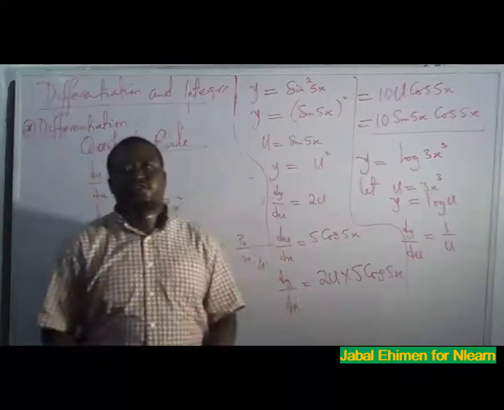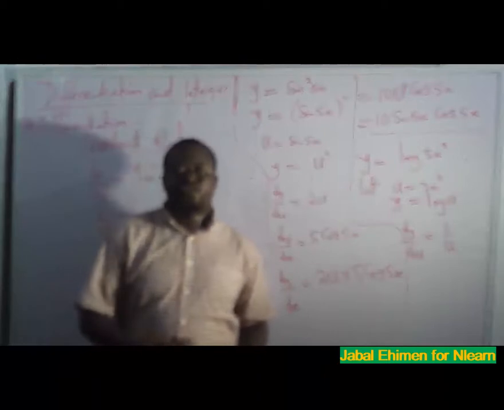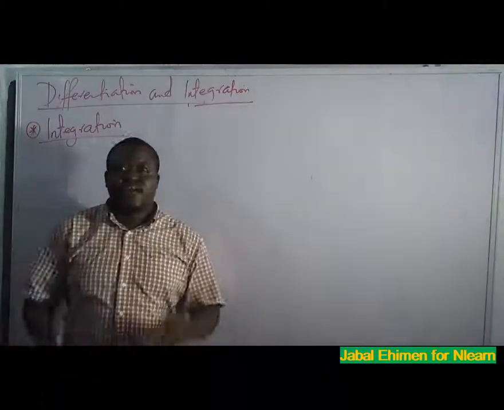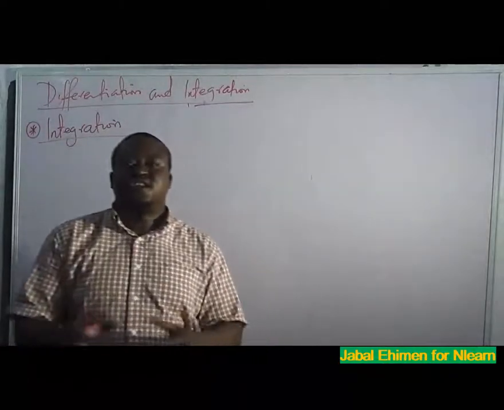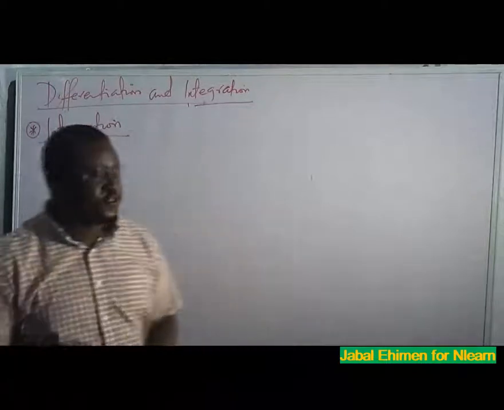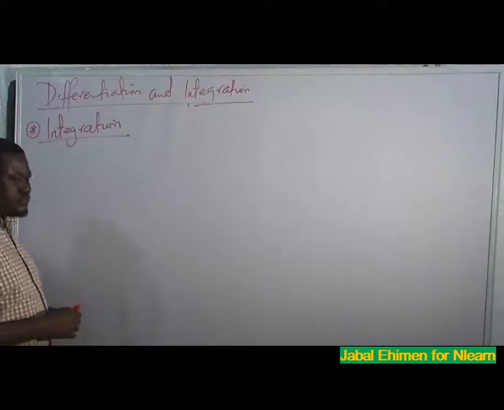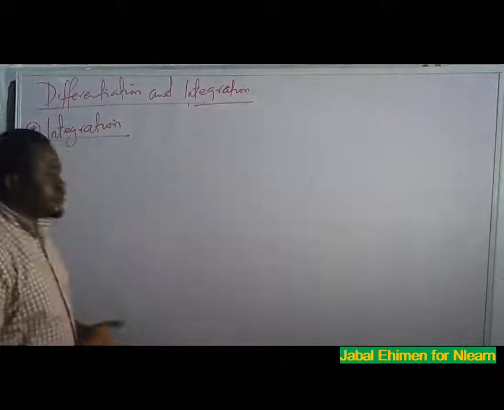The next thing we're going to talk about is the reverse of differentiation, which is integration. Now let's talk about integration, which is the converse or the reverse of differentiation. Now, integration is anti-differentiation. Good.